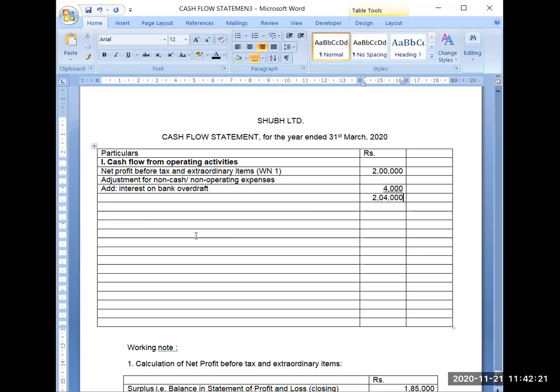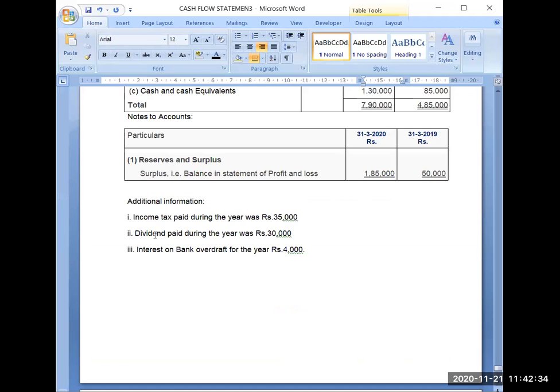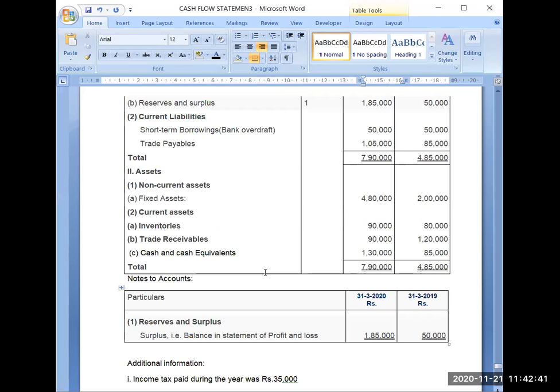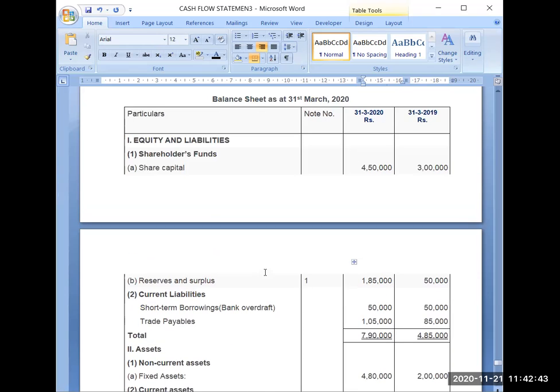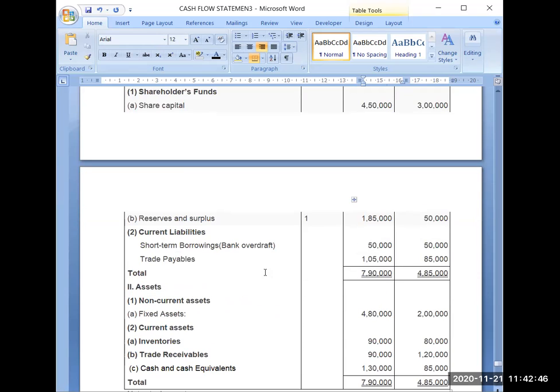Then I have to subtract the non-operating incomes. Now what are the non-operating incomes? I have to just recite them. The non-operating incomes are dividend received, interest received, rent received, and gain on sale of fixed asset. So I don't have any information in the additional information section regarding these 3-4 items. Then I cannot find this information from the given balance sheet also. I cannot calculate profit on sale of fixed assets until some information is given regarding fixed assets account, first thing.